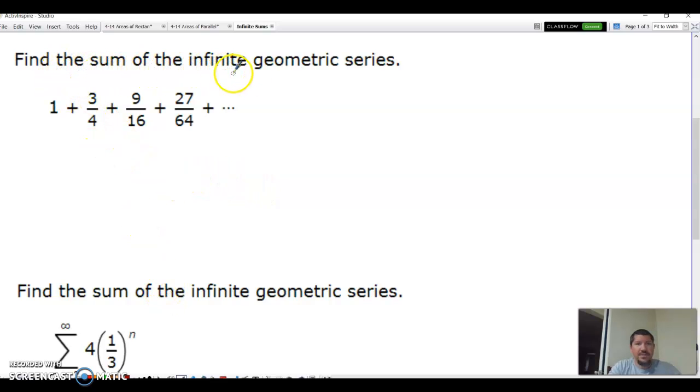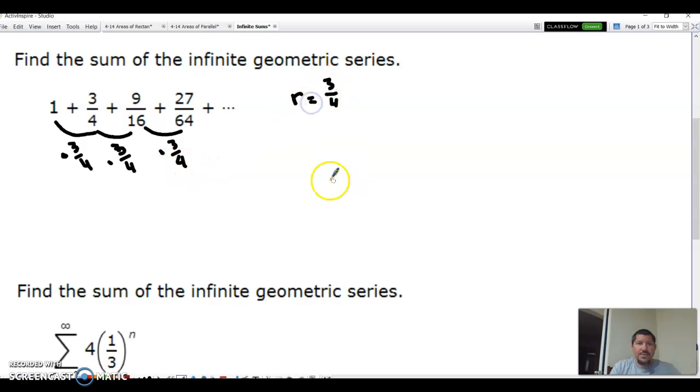Find the sum of the infinite geometric series. So to get from here to here, I multiply by 3/4. From here to here, again, is multiplied by 3/4. And right here, again, is multiplied by 3/4. So that means r, in this case, is 3/4. This is my a sub 1.